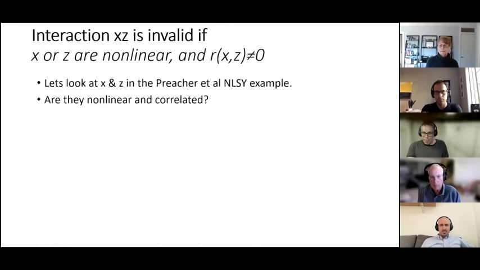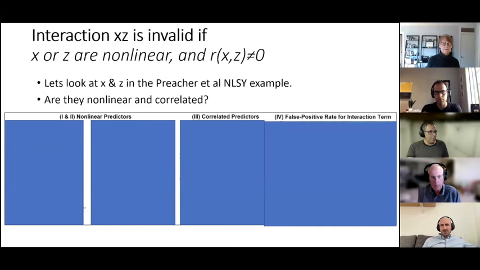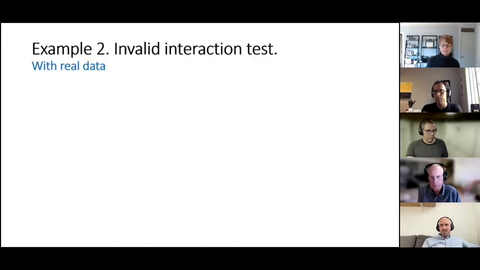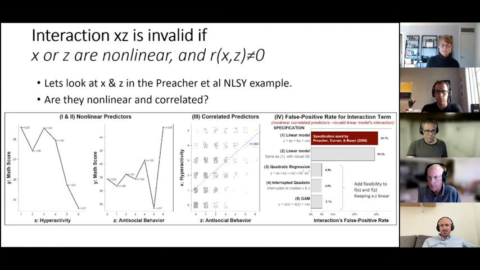Okay. Yuri, one more while we're on this. There's a question in the chat: can you say something about the relationship between the degree of correlation between the predictors and the false positive rate? It doesn't seem as simple as, the higher the correlation, the more you have to worry, because of this example that you just showed. Yeah, I think so.